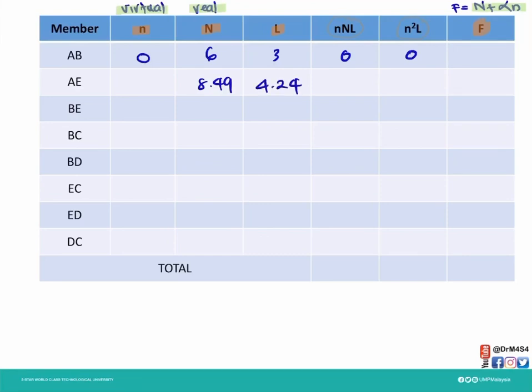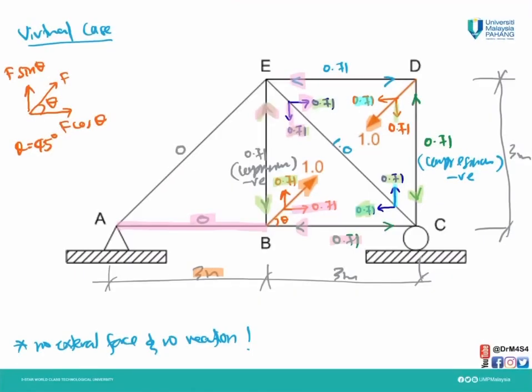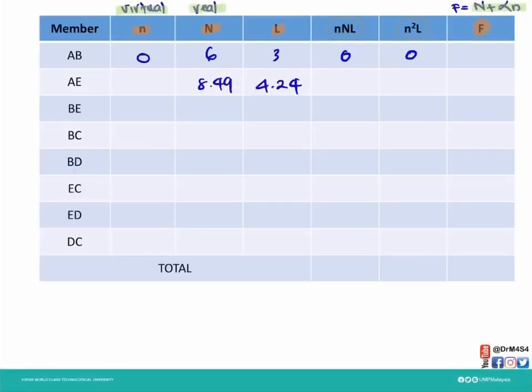And let's have a look for virtual case for small n for AE. Length for this is 3 power of 2 plus 3 power of 2 square root. We get 4.24 meter. And the internal force for AE for virtual case is 0. So here is 0. So we can find what is value for n times N times L, n squared times by L. So we have 0, 0 for both.